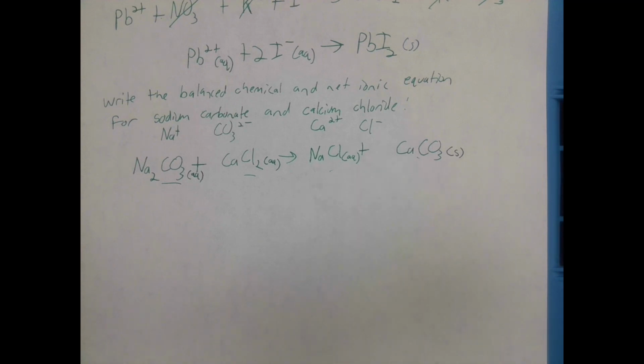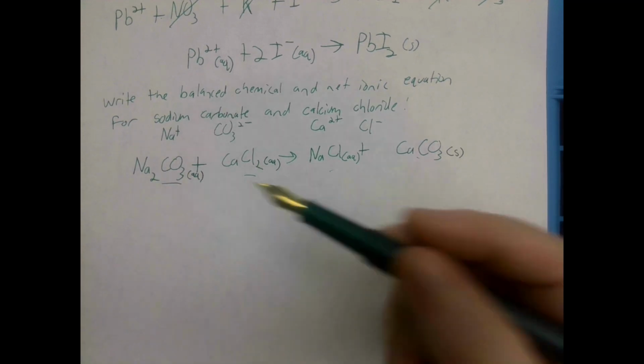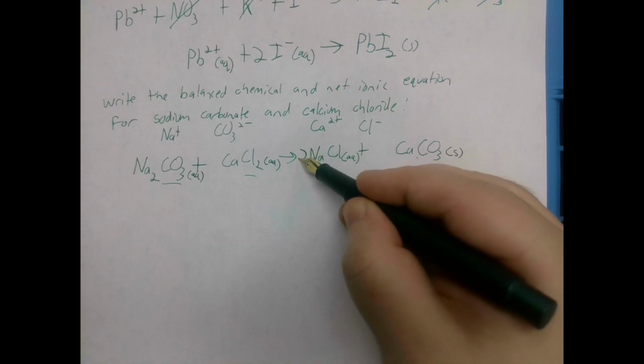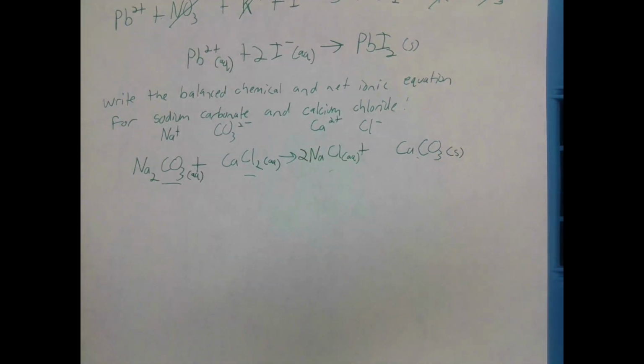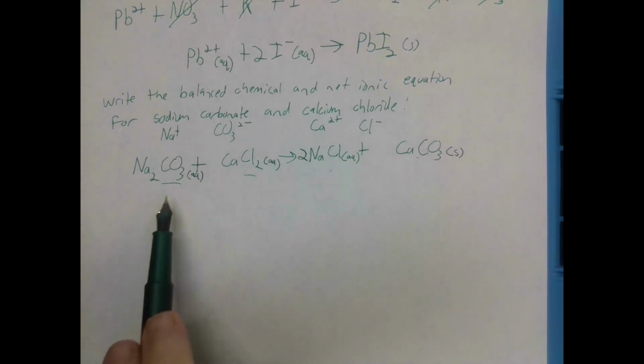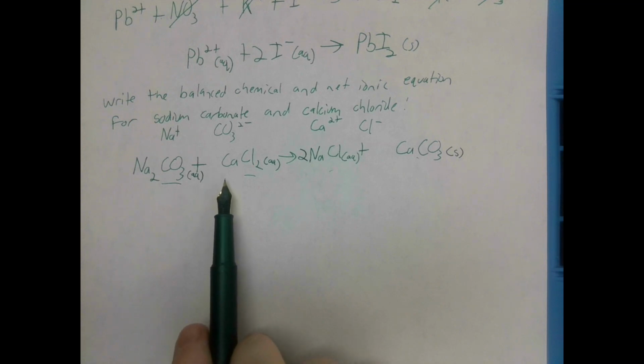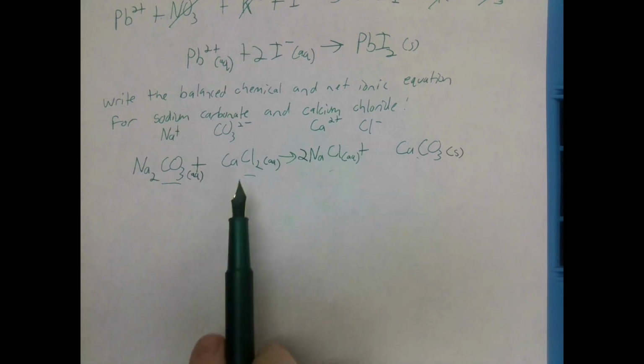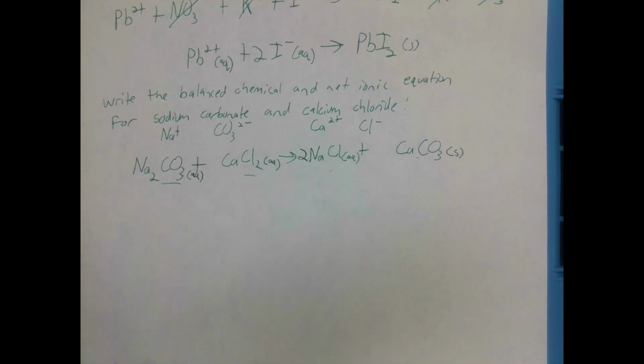So we have 2 chlorines and 2 sodiums. To balance this, we just double this. And that's it. 2 sodium, 2 sodium. 1 carbonate, 1 carbonate. 1 calcium, 1 calcium. 2 chlorine, 2 chlorine. And that's balanced.